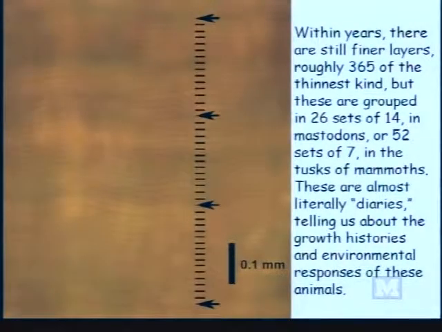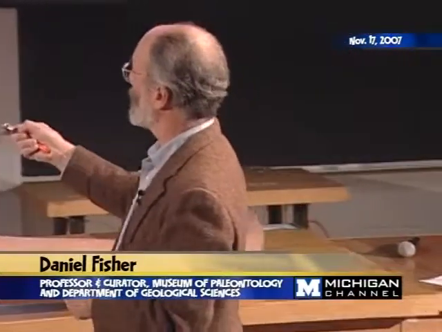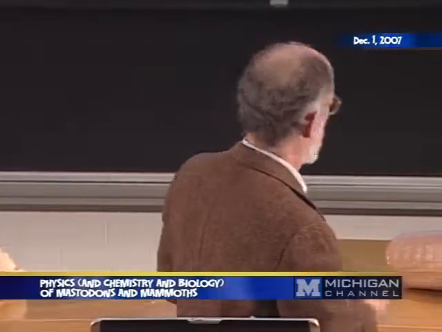But it's a little more complicated than that. In mastodons, sometimes we see something dark every week, but then there are intervals that are 2 weeks long. In mammoths, much more consistently, it's a week long for each of these subannual, supra-daily intervals. But they're not crisp. They're a little tricky to see, but that's what they look like.